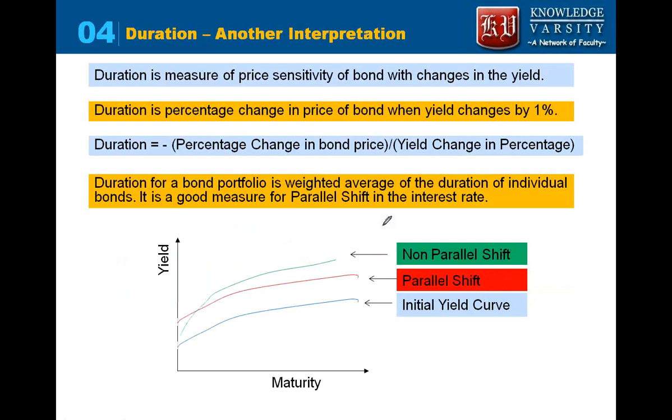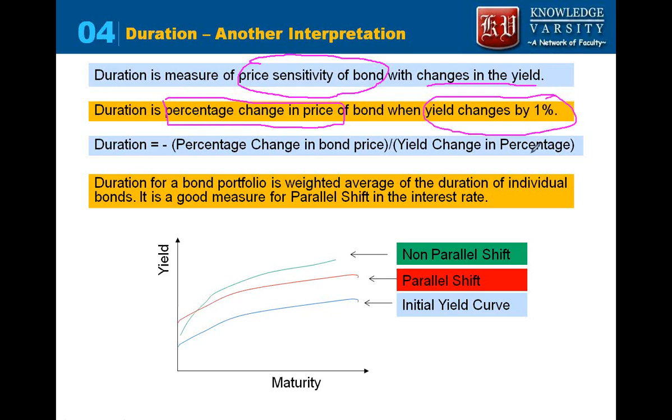Now we will see another interpretation of duration. We saw that duration is a measure of interest rate risk. I can also say that duration is a measure of price sensitivity of a bond to the change in yield, which is mentioned as the percentage change in the price of the bond when the yield changes by 1%.